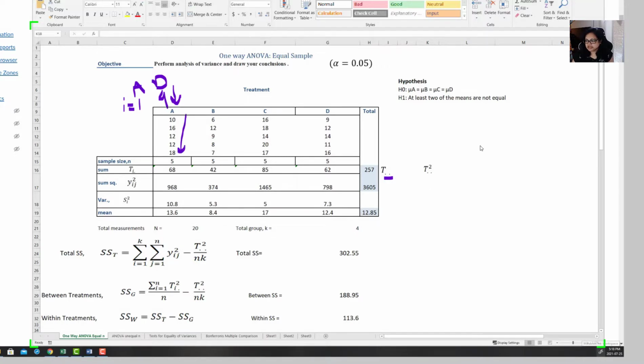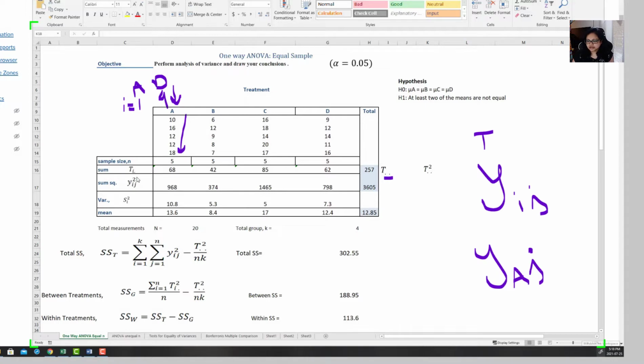So we can say Y of i, j. Anytime, we can say the observed value for treatment A, and then we can have all the observed values.